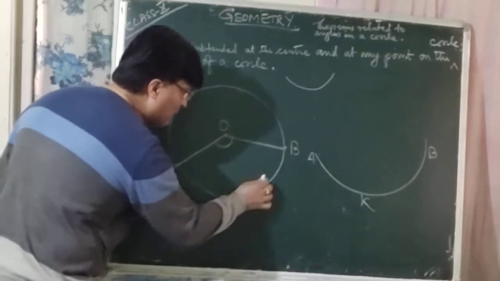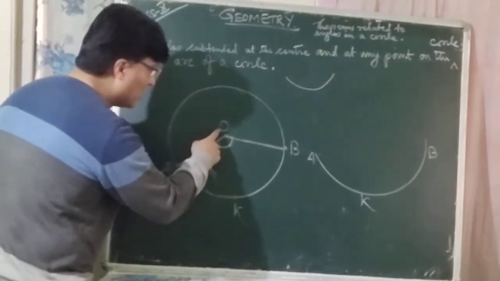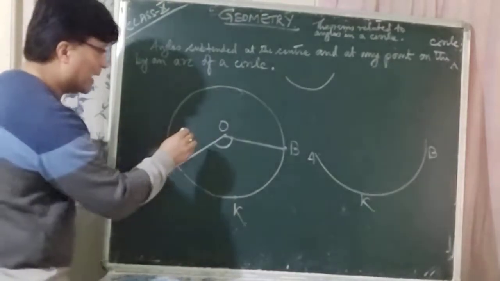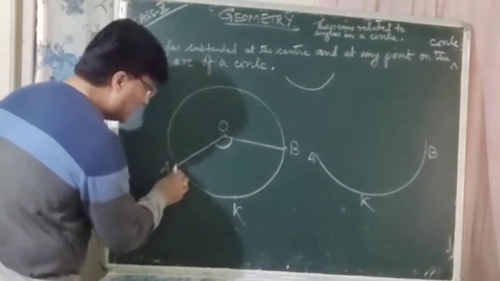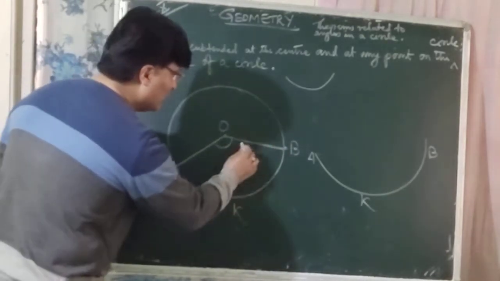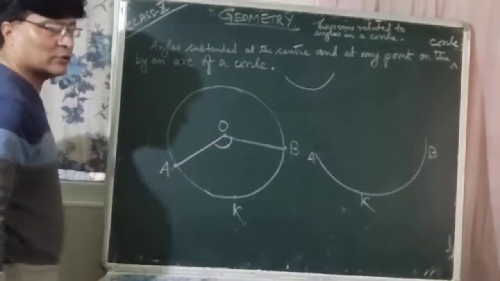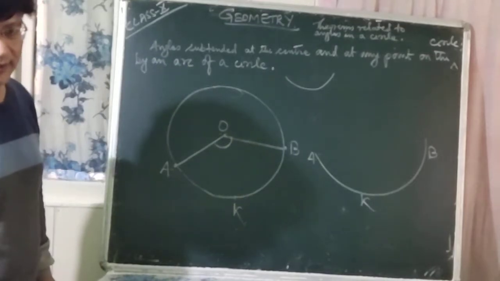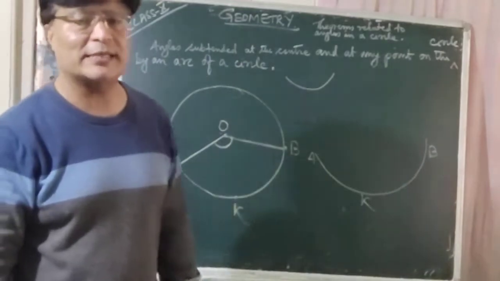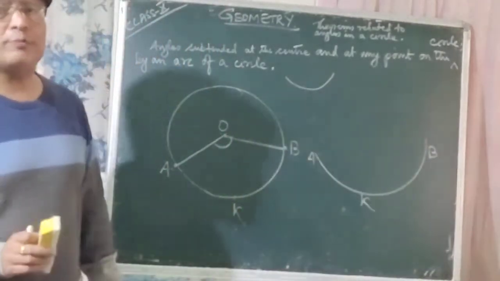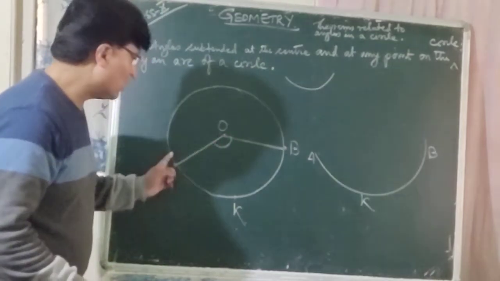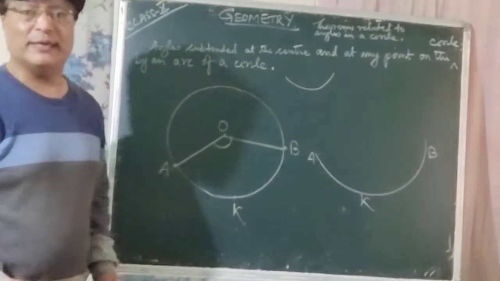This arc AKB is making an angle AOB at the center O of the circle, right? So angle AOB is the angle subtended at the center O of the circle by an arc AKB.